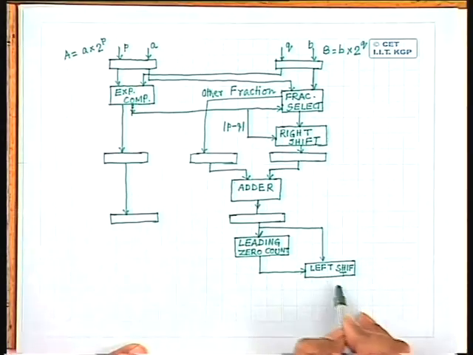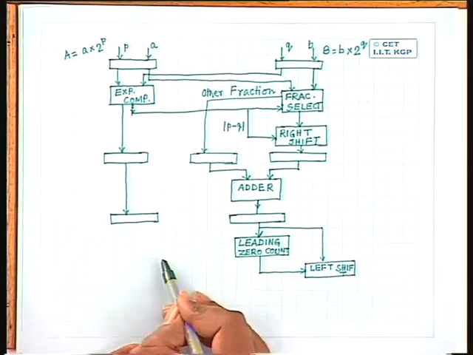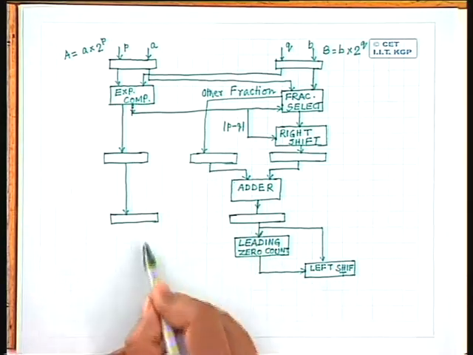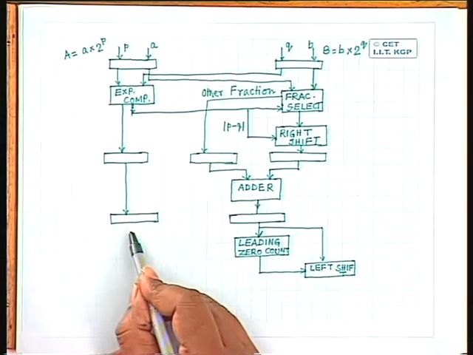If I give 1 bit left shift, that means I am multiplying the fraction by a factor of 2. 2 left shifts means multiplying by a factor of 4. So by whichever number you give left shift, the same number has to be deducted from the exponent, because one multiplication has already been done here.